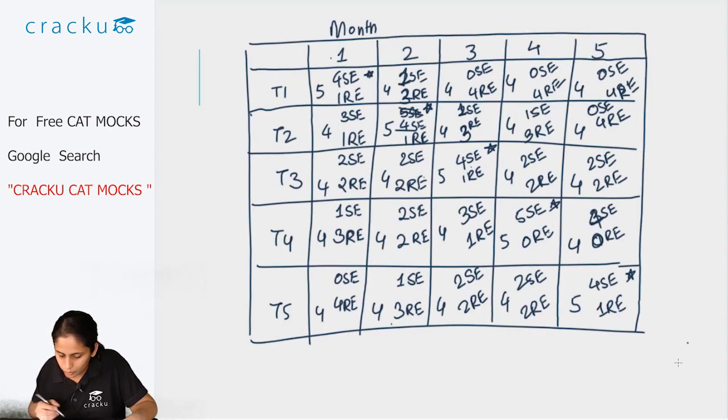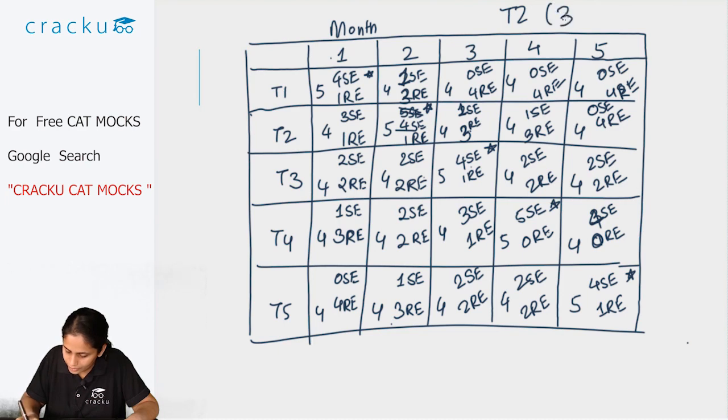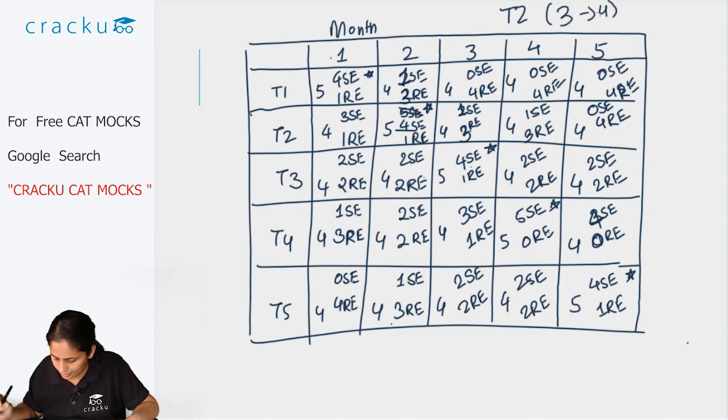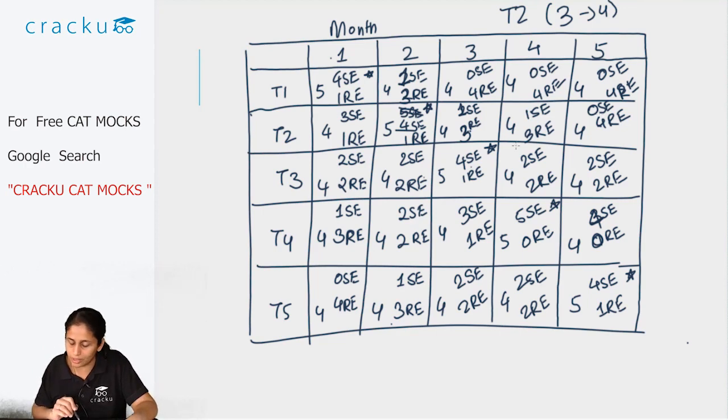So T2, here it changes, here it changes, here it does not change. So T2 remains the same between months 3 and 4, and over here it again changes. So one month without any change for T2.